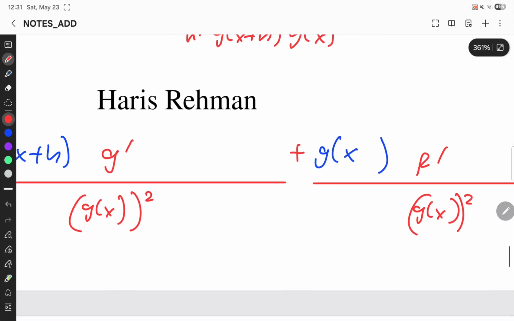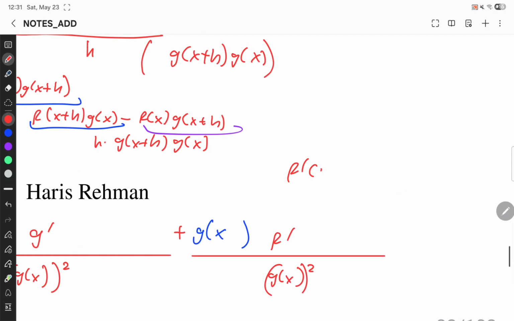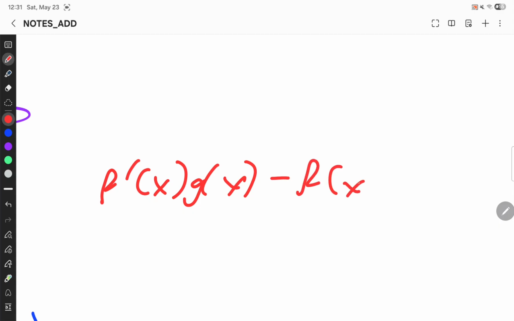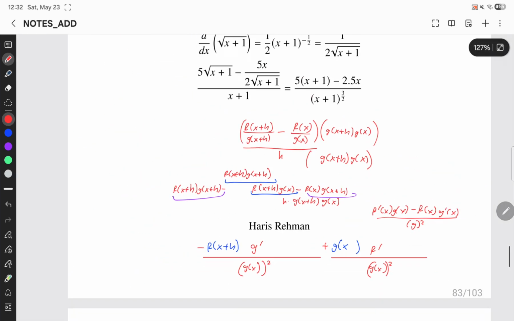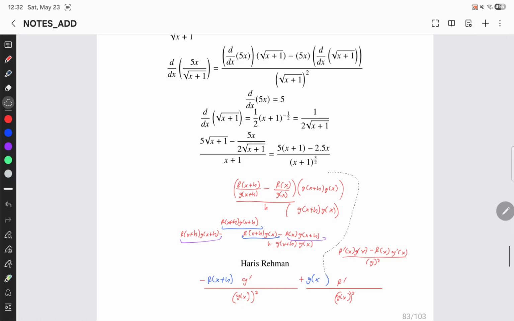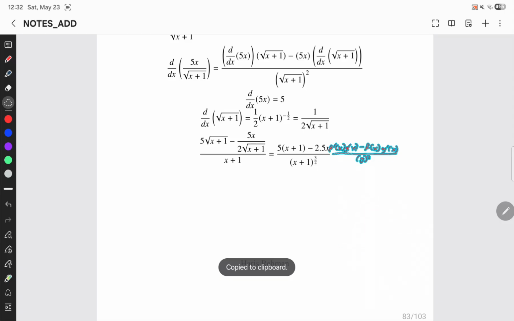Now the denominator is the same, so you can combine, and if we fix everything together, we get f prime of x g of x minus f of x g prime of x all over g squared. Voila, this is indeed the quotient rule.